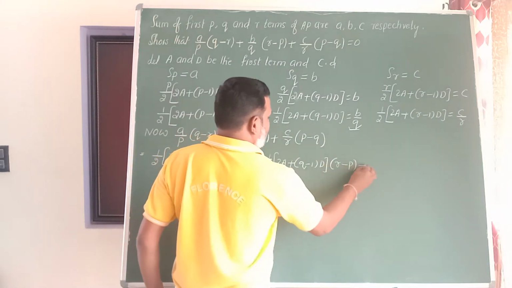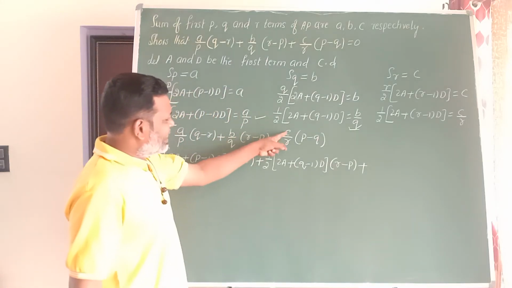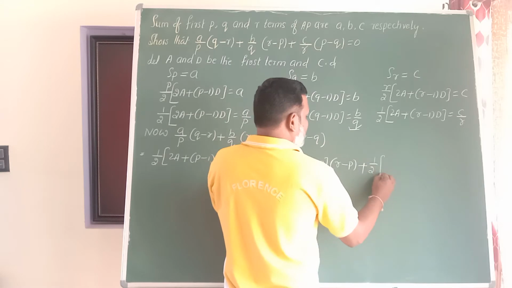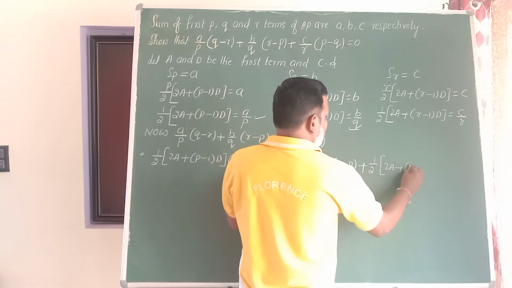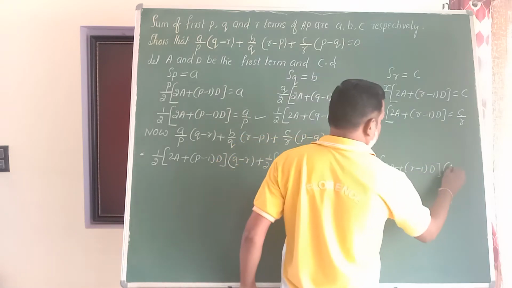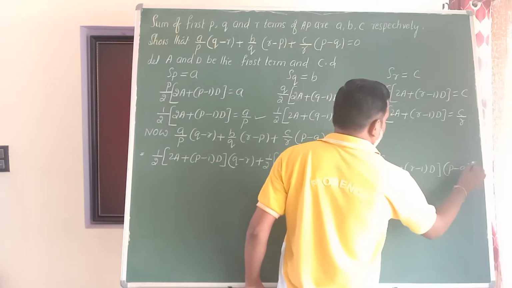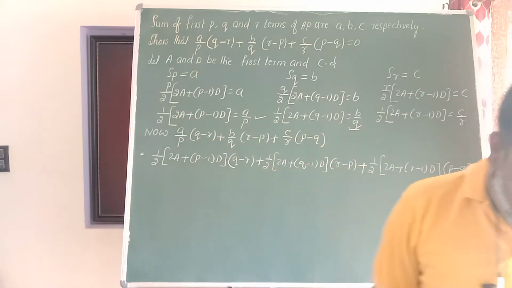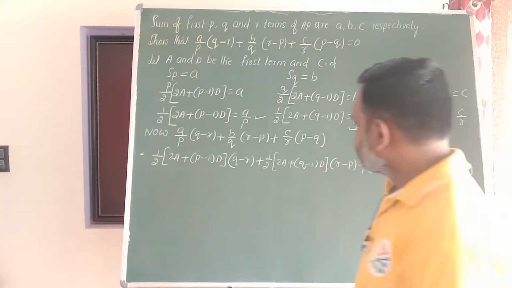Have a look on this. Plus in place of c by r, I write half into (2A plus (R minus 1) into D) into (P minus Q). Now, my dear student, what to do? We have to take 1 by 2 as common. Can we take 1 by 2 as common?